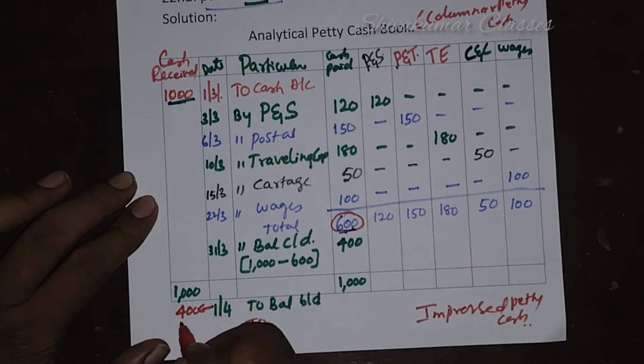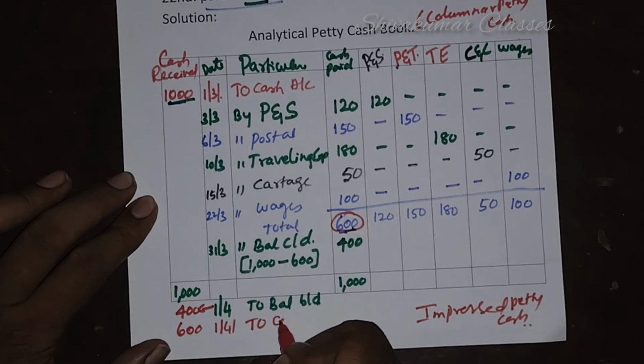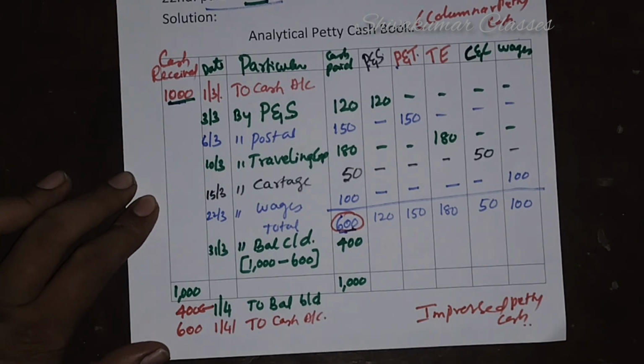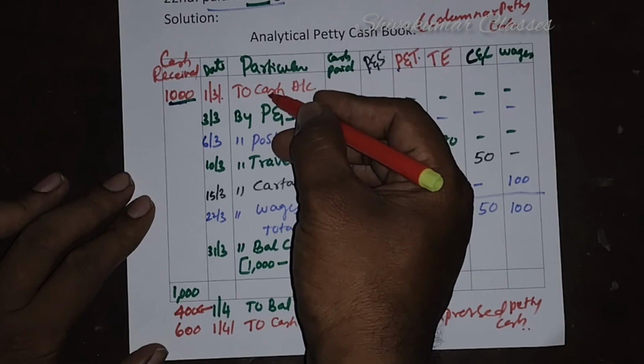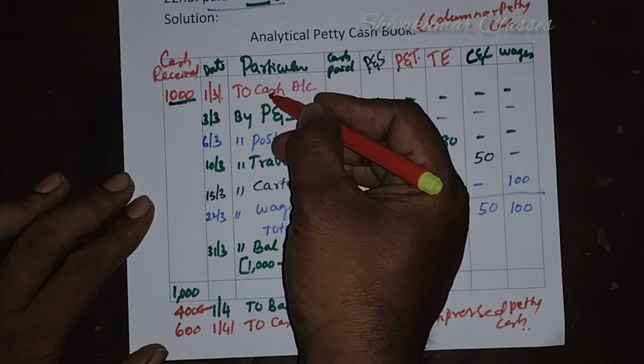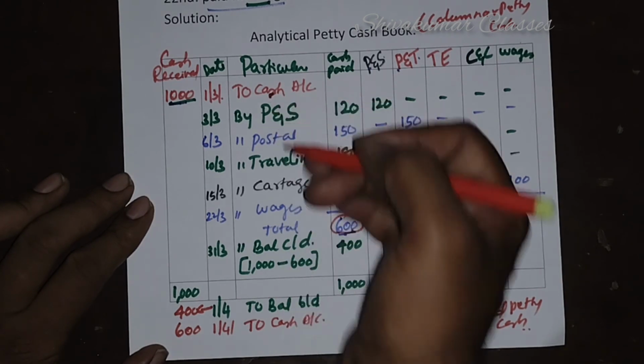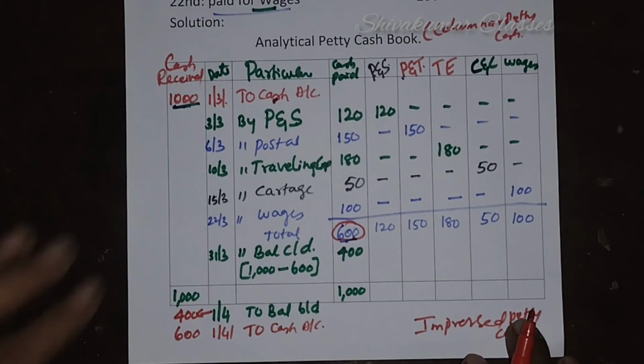That 600 should be recorded on the left hand side, and it will be received from the cashier. Therefore we write it as cash account. In case we receive a cheque, we will record it as bank account. Even here, if a cheque is received, we record it in the bank; if cash is received from the cashier, we record the cash account. That's it about this problem.